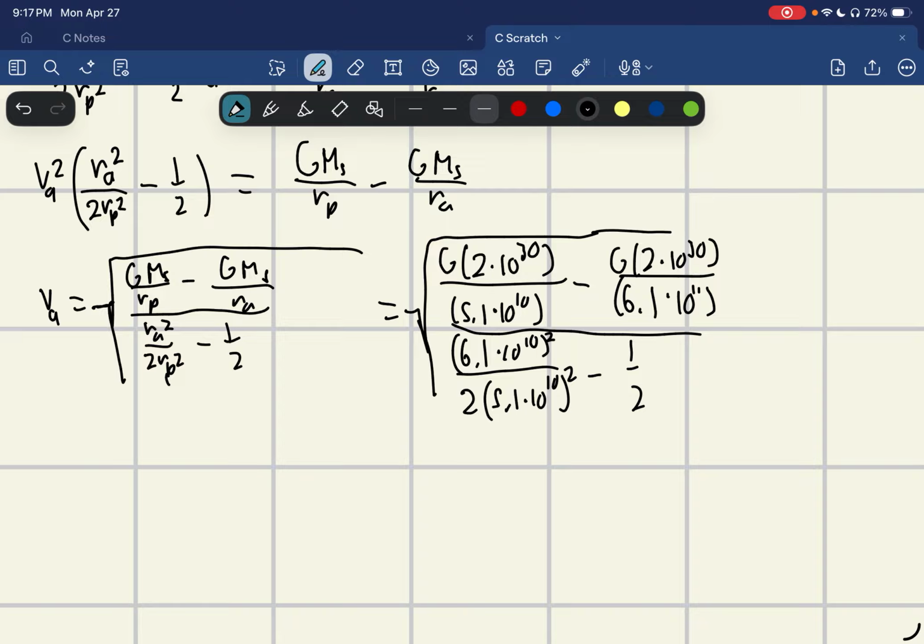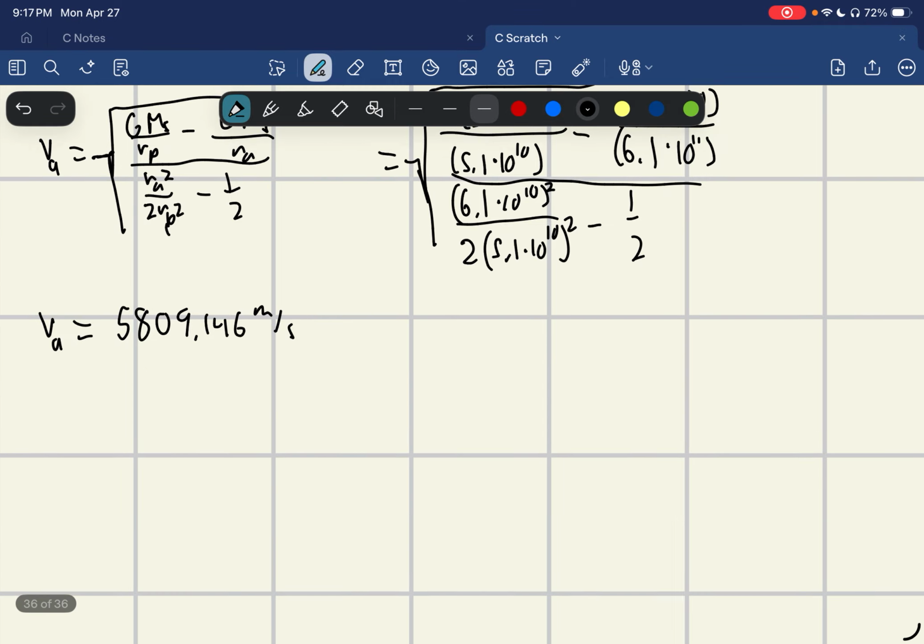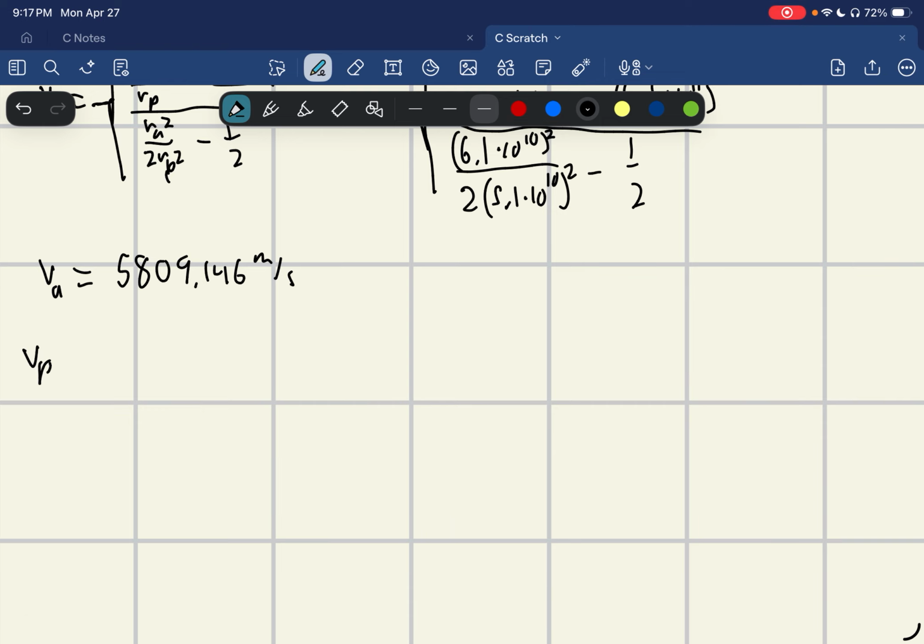And then you get VA to equal 5,809.146 meters per second.